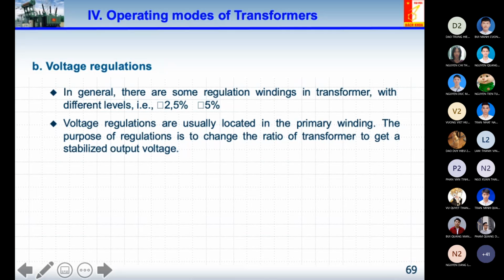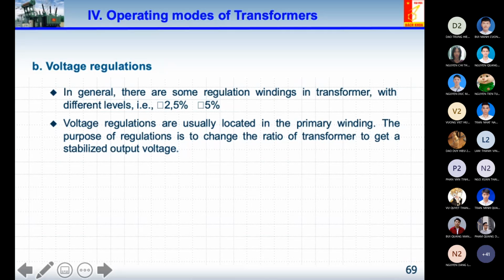Okay, let me explain to all of you. The sign here is plus and minus. Plus and minus 2.5%, and in the same way, plus and minus 5%.